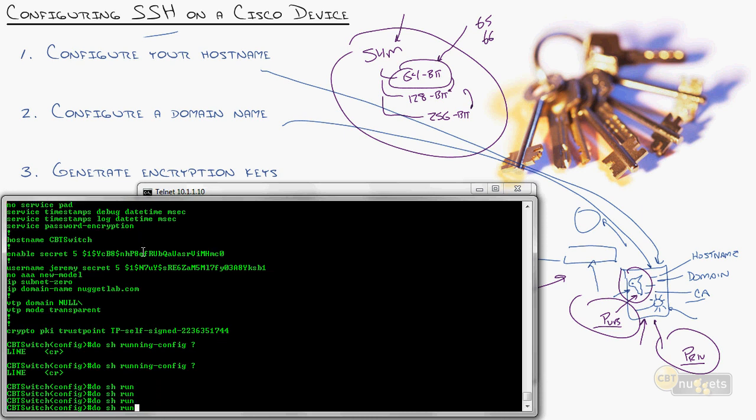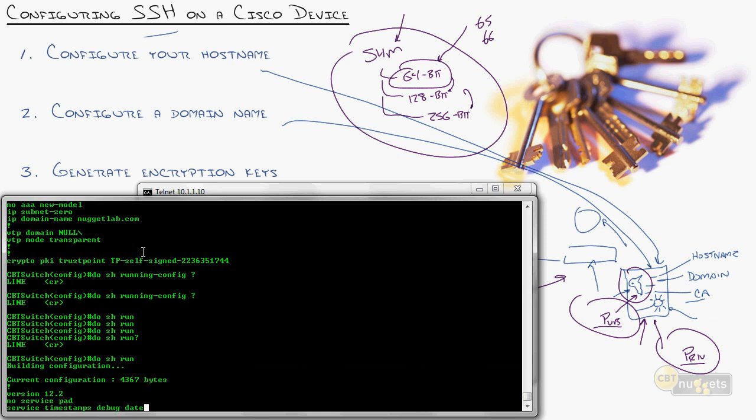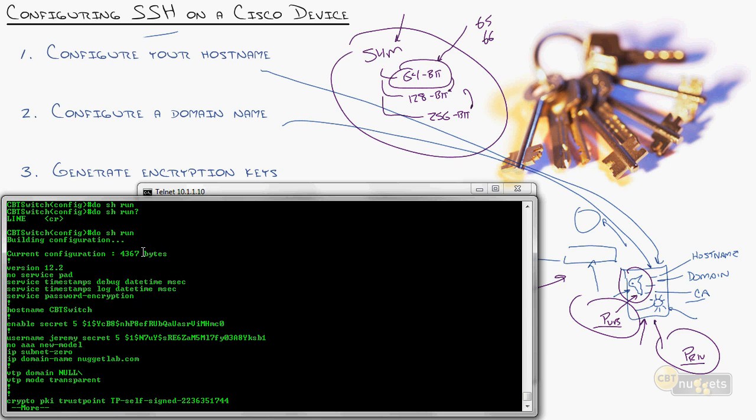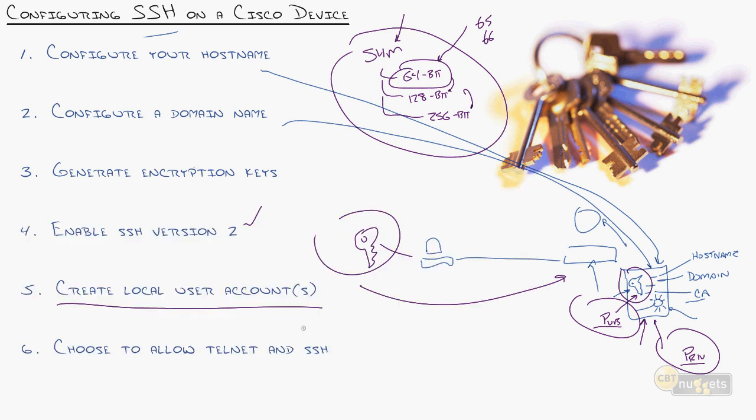So I can do show run. This is kind of a shortcut, if you will. So do show run, and right there, I see username Jeremy secret, blah, blah, blah. So just like my enable secret, it's this nice gobbledygook that is encrypted, or hashed, up on the screen. So now I've created the local user accounts.